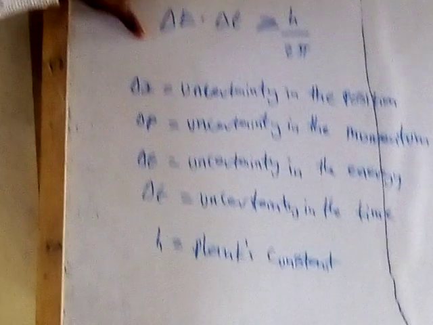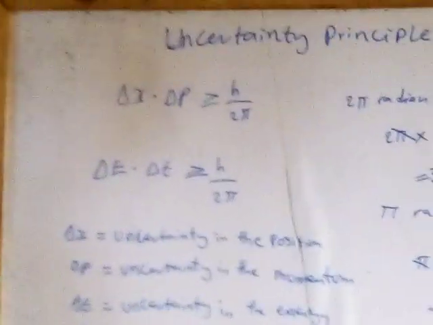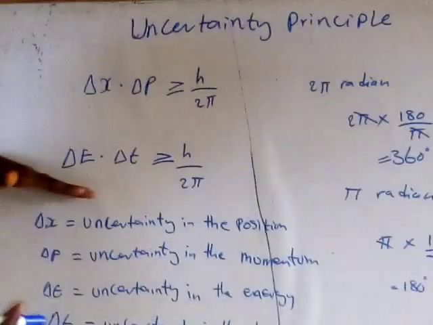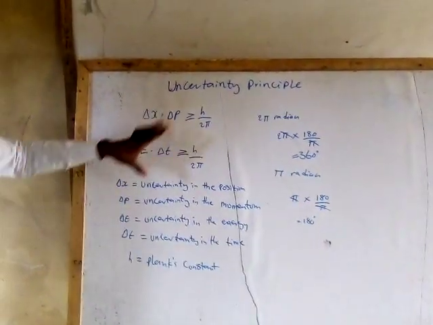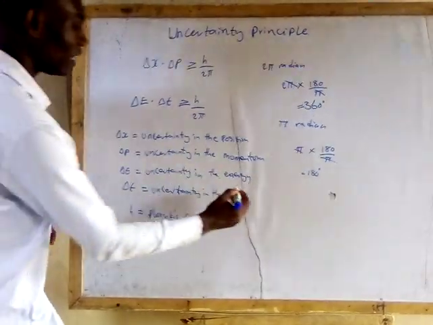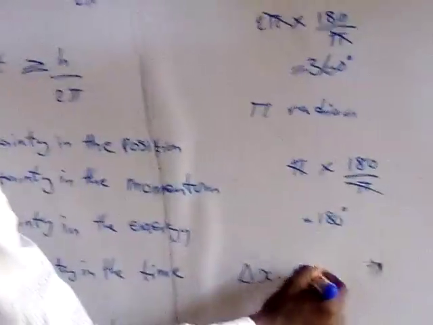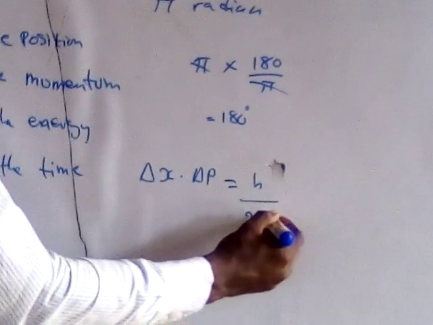And then if you have these two formulas, you can now work on some mathematical problems with the uncertainty principle. So this will help you and guide you. But apart from using this greater than or equal to, we can decide to remove it to have something like this. Change in x times change in p equals h over 2 pi.